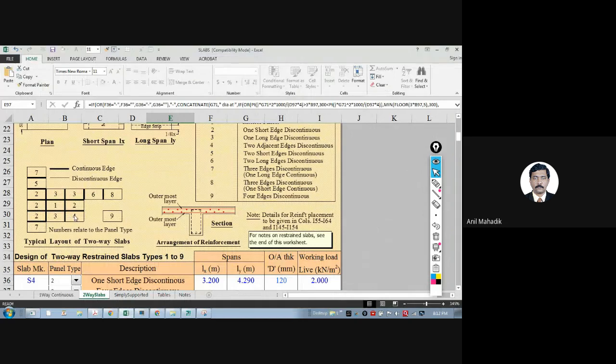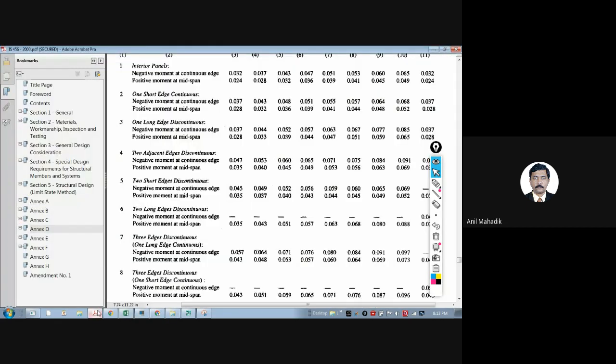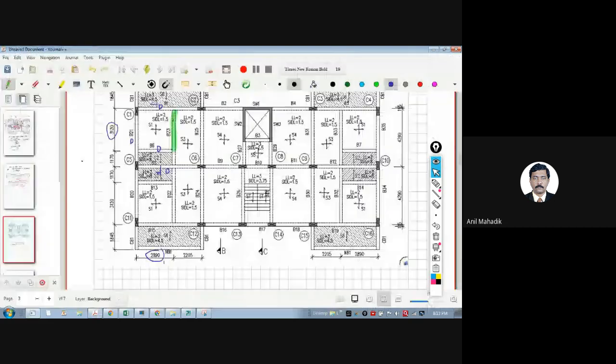One long edge continuous, meaning one long edge continuous, the other three discontinuous. Where is the case? Long is only, so 7 will be my case. So in this we are having a 7 case. So I'll use the 7th case over here.